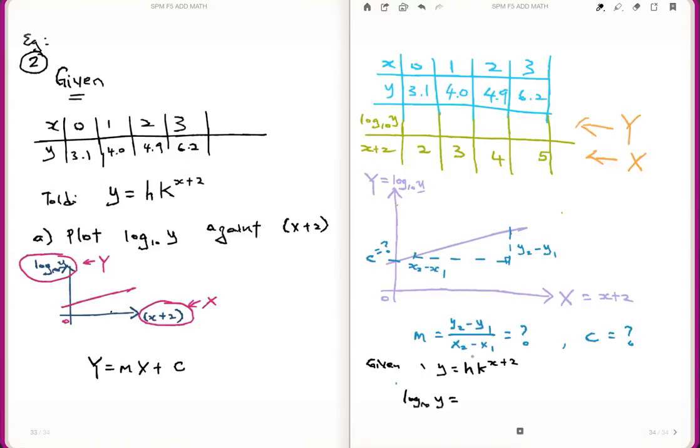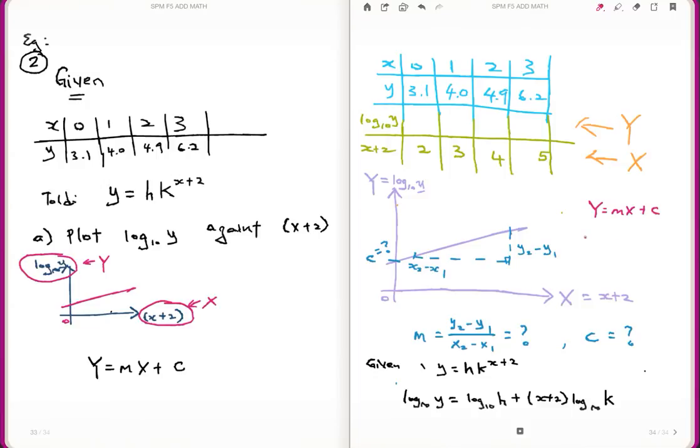This is a product, so that would be log 10 h plus, k is raised to the power x plus 2, so you bring it to the front: x plus 2 log base 10 k. Then you may rearrange them, and then to compare with y equals mx plus c.